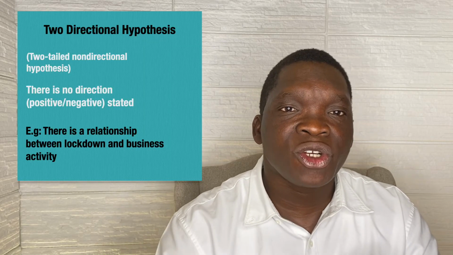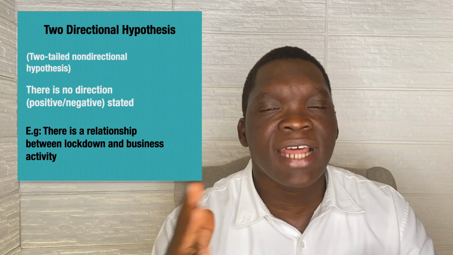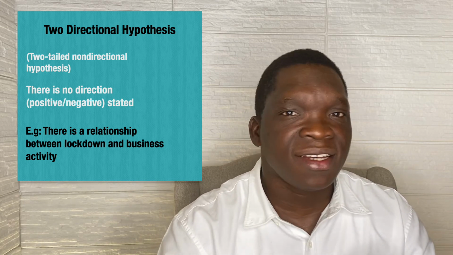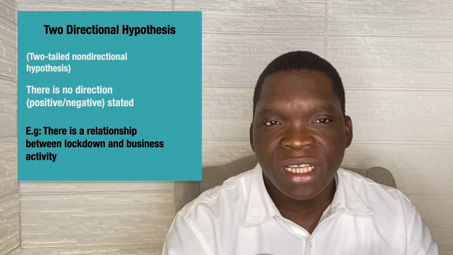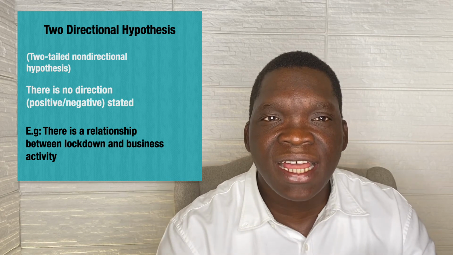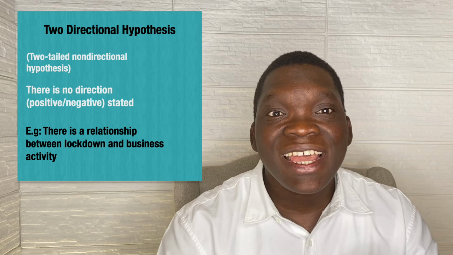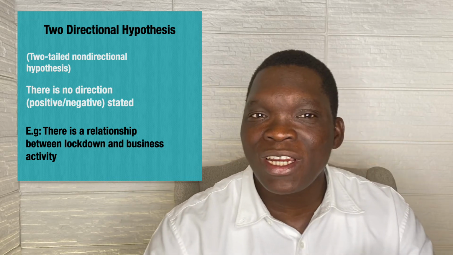In fact, there are two types of hypotheses. There are hypotheses that we sometimes call two-directional or non-directional hypotheses. As confusing as that might sound, they are the same thing. When a hypothesis is not concerned about the direction of the relationship, we say it's either two-directional or non-directional.